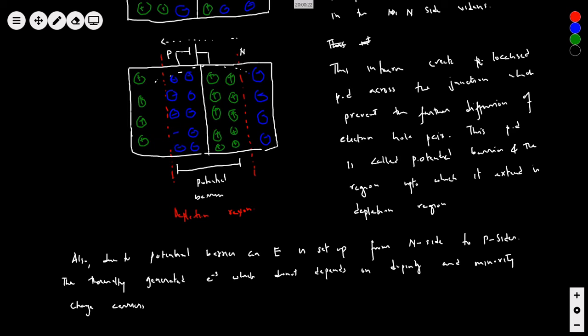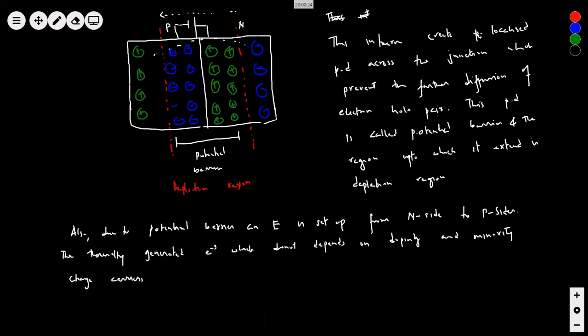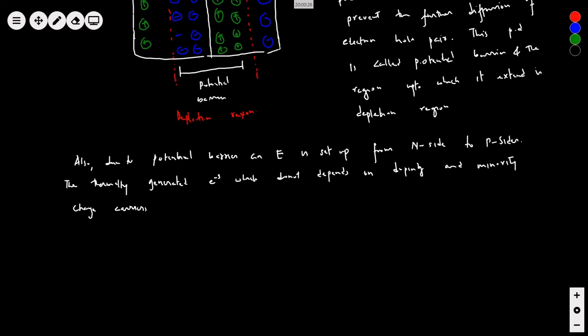The thermally generated minority charge carriers, which do not depend on doping, drift in the opposite direction of the diffusion current.